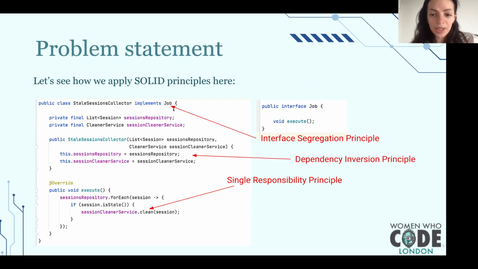Here we implement an interface, but when we want to use this session collector job, we just say, I want to execute the job and I don't care what the implementation is.